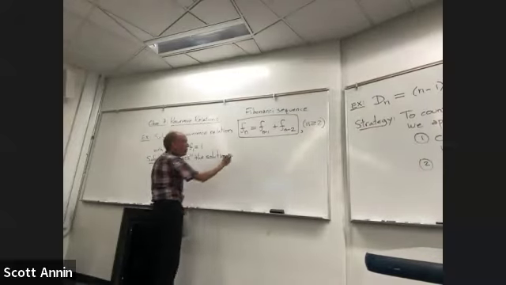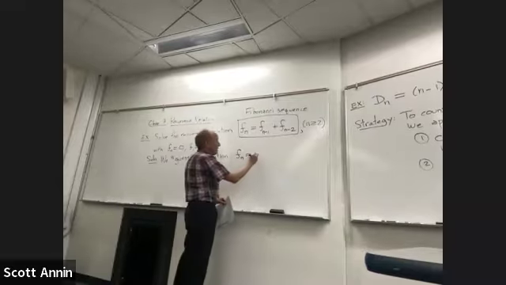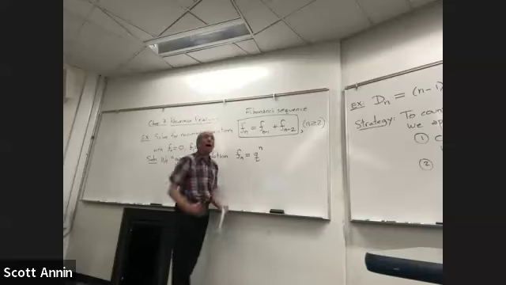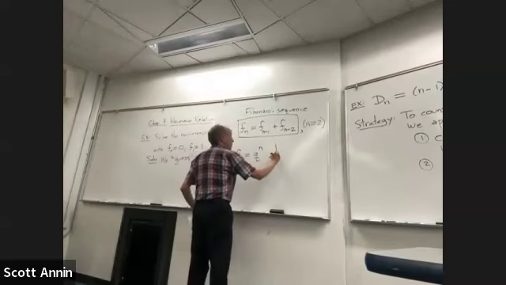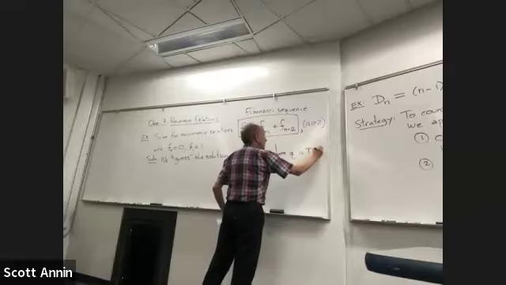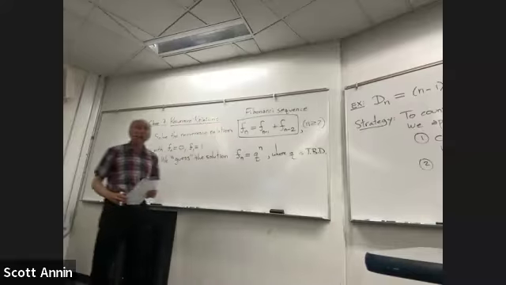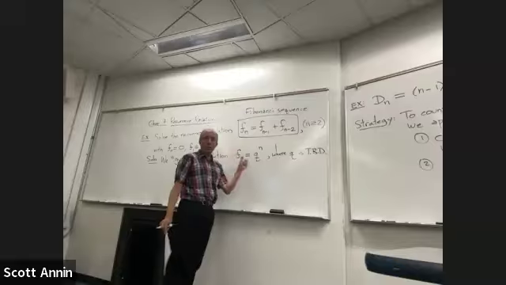We guess the solution, f sub n, and here's what we're going to do. We're going to guess that the correct formula is just a power of q, where q is to be determined, right? So we're going to see whether or not we can make a solution with this form.